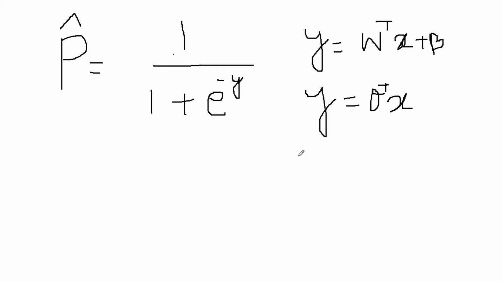Correct? In the previous video we saw how this is the log odds of y. Now in this video we'll see what is log loss function or the cross entropy.